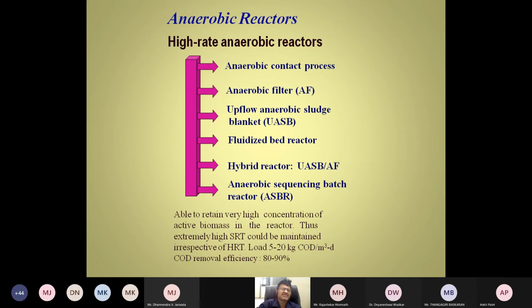After the activated sludge process, the waste activated sludge is removed into anaerobic sludge digesters. So what is a sludge digester? A sludge digester is nothing but an anaerobic treatment, and due to the less biomass production, everything is converted into methane and carbon dioxide. So you will get very less sludge.